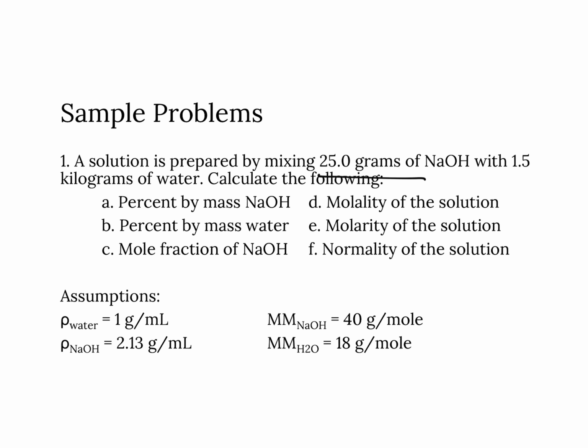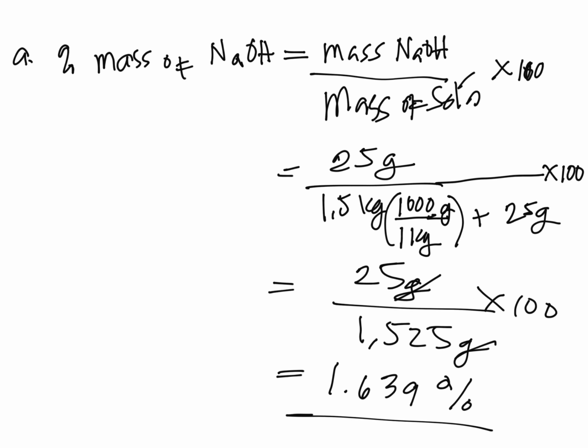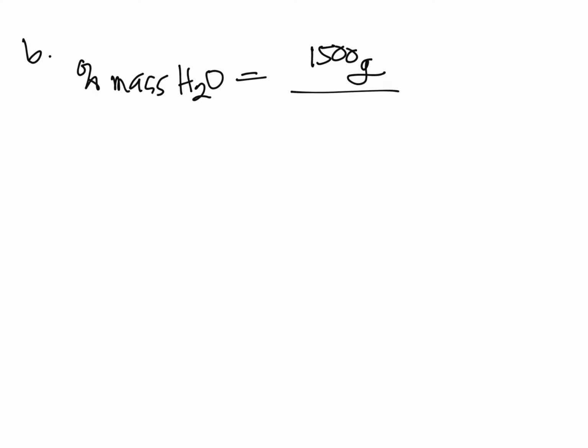Let's go for letter B. Letter B is the percent by mass of water. So we know that the mass of the solution is 1,525 grams. That means the percent mass of water or the solvent is equals to 1,500 grams, we have already converted the 1.5 kilograms, and then the mass of the solution, which is 1,525 gram.